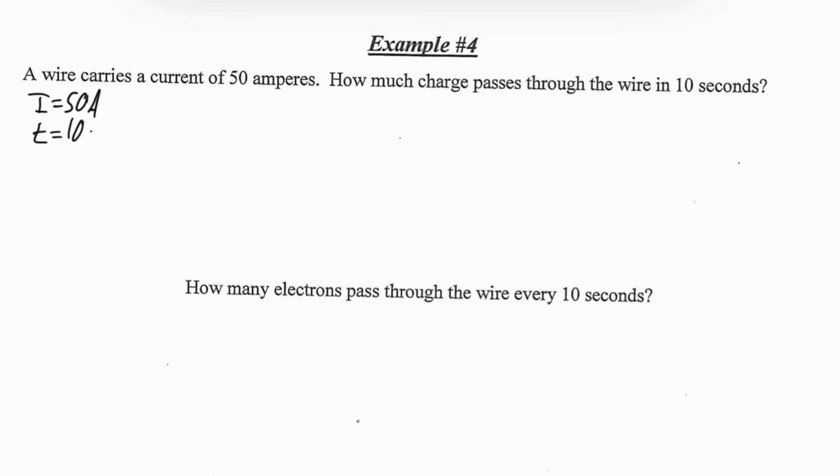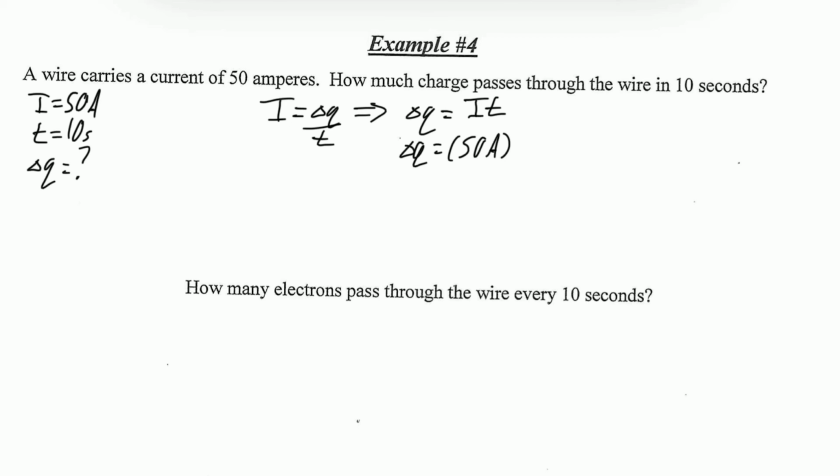So we have a time of 10 seconds, and we want to know the amount of charge, Q. We'll start off with our formula, I equals delta Q over T. We want to get delta Q by itself, so we'll multiply the T across and get this new formula. Now we'll plug in our values. I is equal to 50 amps times the time of 10 seconds, and we'll get a delta Q equal to 500 coulombs.